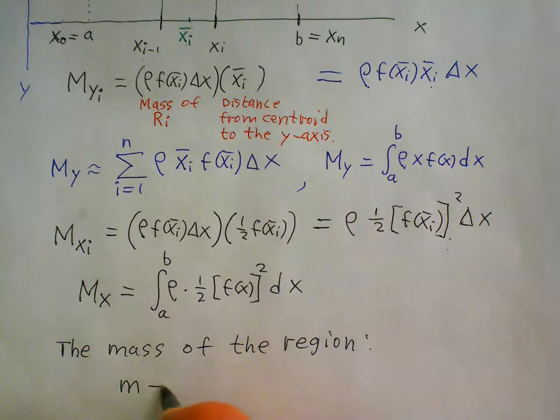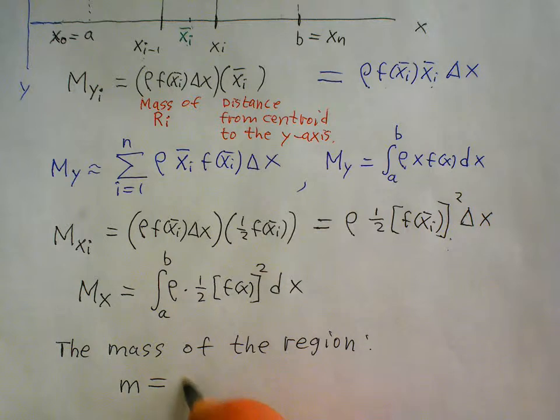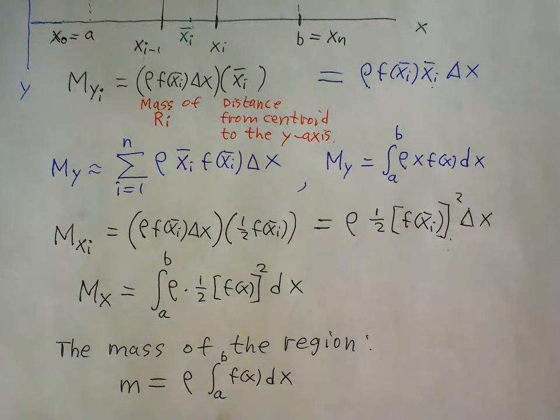So the mass m, lowercase m, is rho times the definite integral of f of x dx from x equals a to x equals b. This definite integral that we're multiplying by rho is just the area that's below the curve.